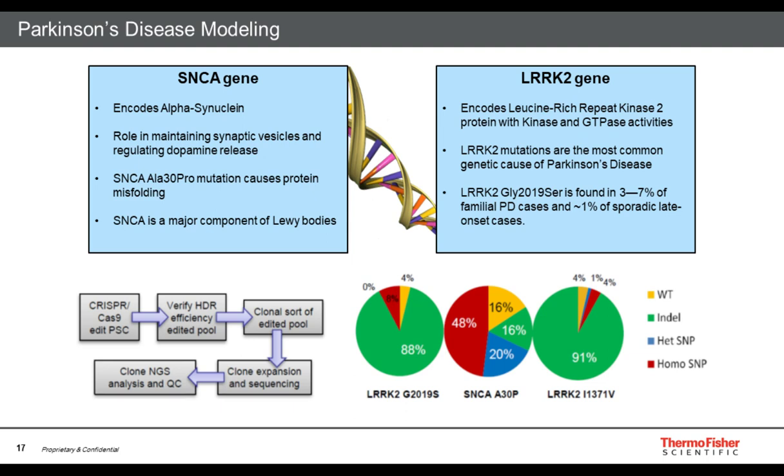Sequencing demonstrated that the desired single nucleotide polymorphisms were homozygous in anywhere from 4% to 48% of the clones. So our next step is to test whether these disease-related mutations make the cell lines more susceptible to stress.